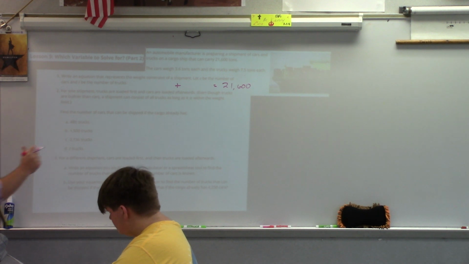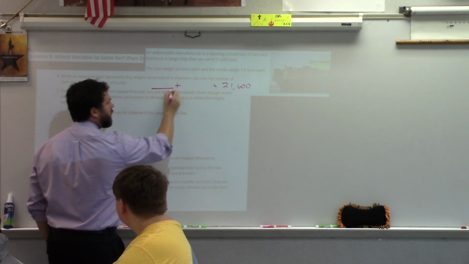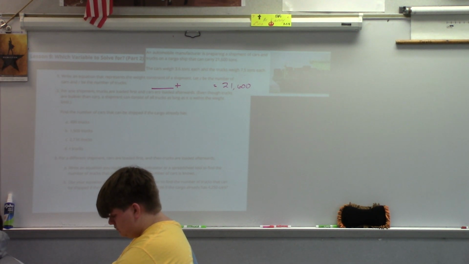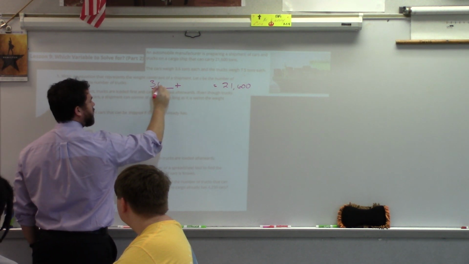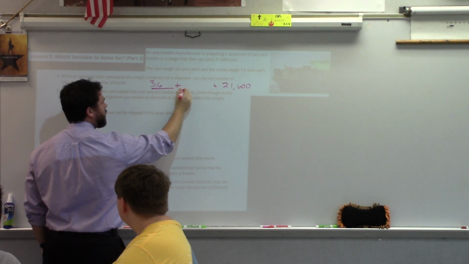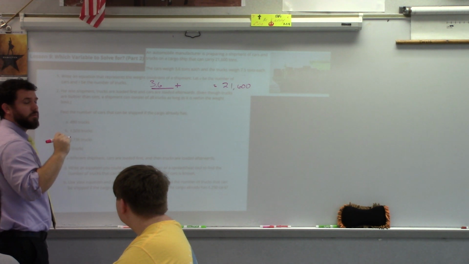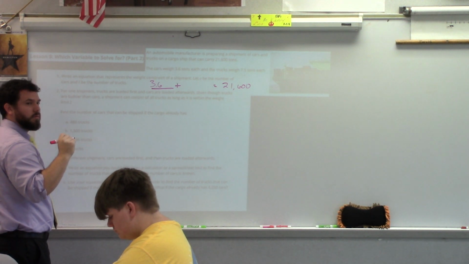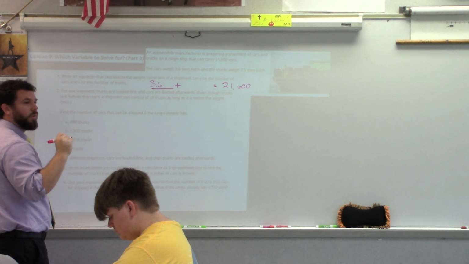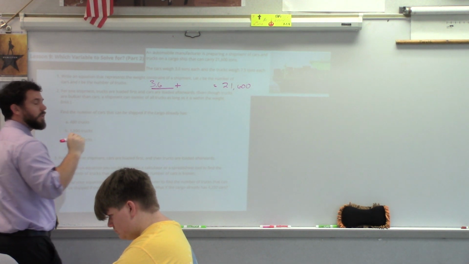Nope, I'm just asking, what would go right here to represent the total weight of just the cars? 3.6 cars. So just 3.6? Plus 7.5. So if I'm just looking at the cars? Oh, just cars. Is there anything we need to put with that 3.6? A C, right?